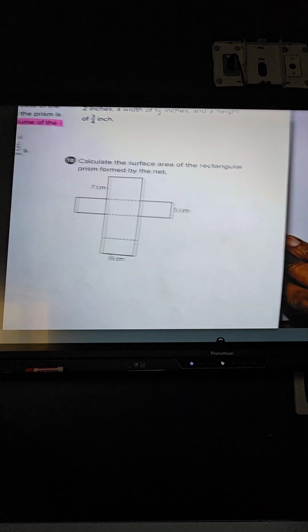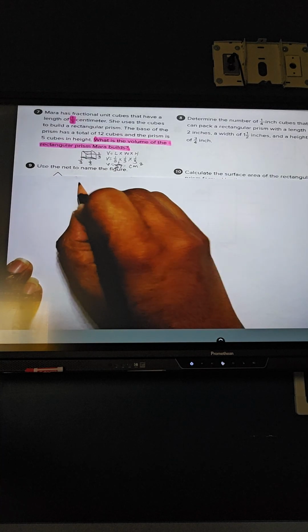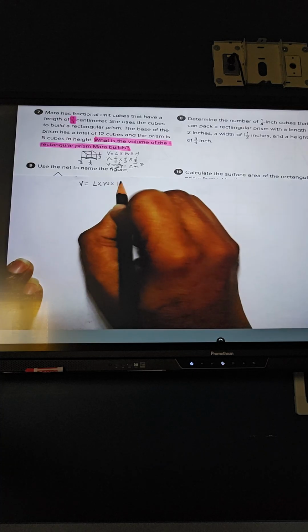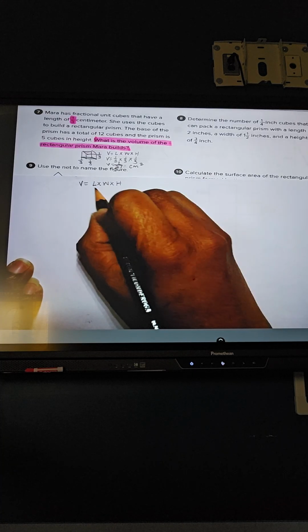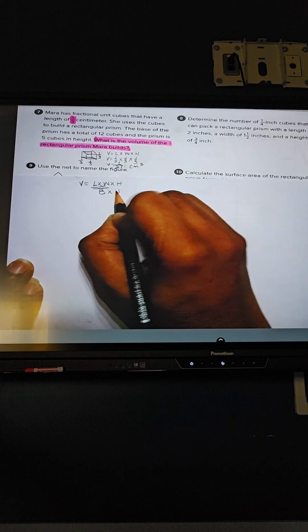We've now got to find the volume of the entire rectangular prism that Mara builds. How do I do that? Well, the best way is first by remembering volume equals length times width times height. But we also know that length times width is the base. So base times height.